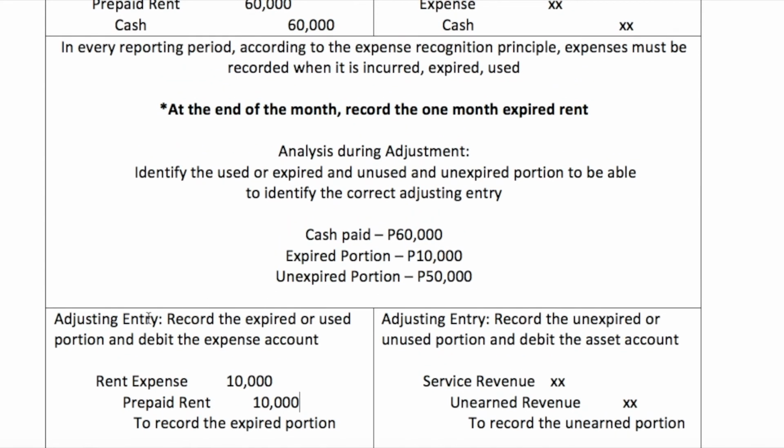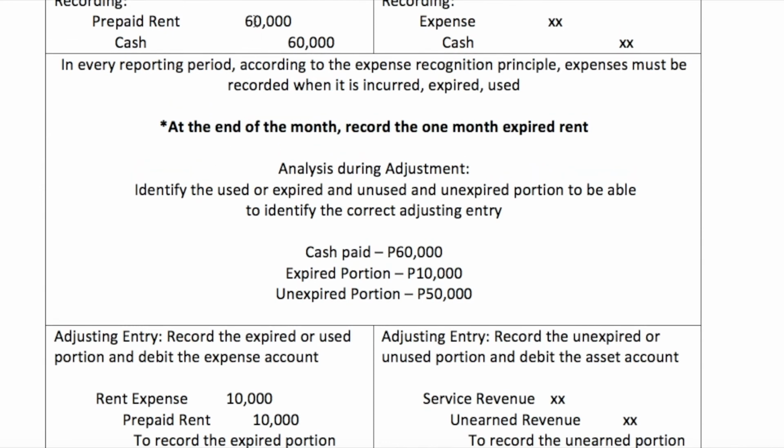After this adjusting entry, our rent expense will increase by 10,000, which is correct because we have an expired portion here. Then, our prepaid rent is credited, and prepaid rent is an asset. Its normal balance is debit. When it is credited, we deduct, right? So from 60,000 debit, it was credited by 10,000.